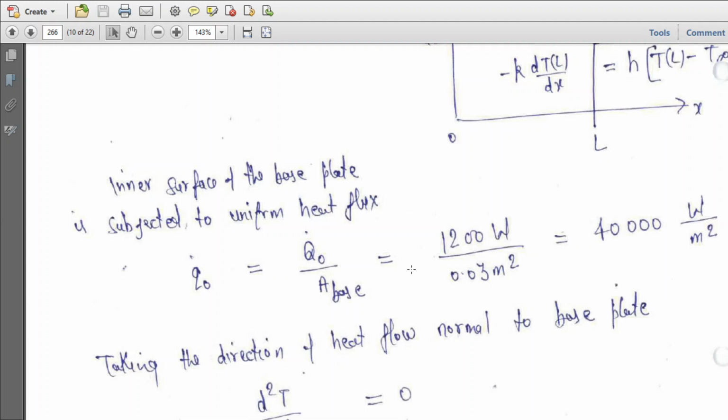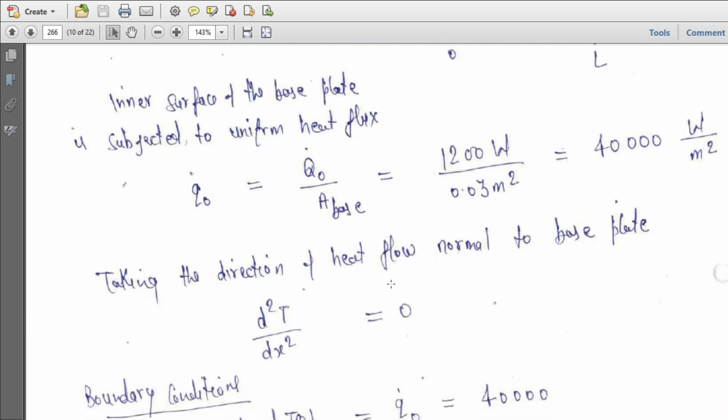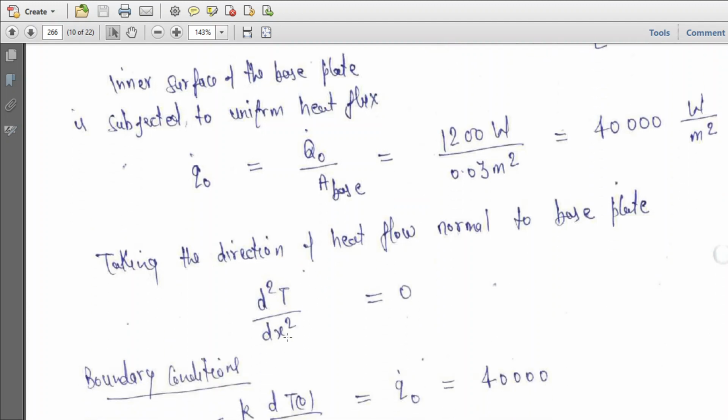Taking the direction of heat flow normal to the base plate, this is the equation that needs to be solved: d square T upon dx square equal to 0. This is the governing equation under steady state, one-dimensional operation, for constant thermal conductivity without heat generation within the material.